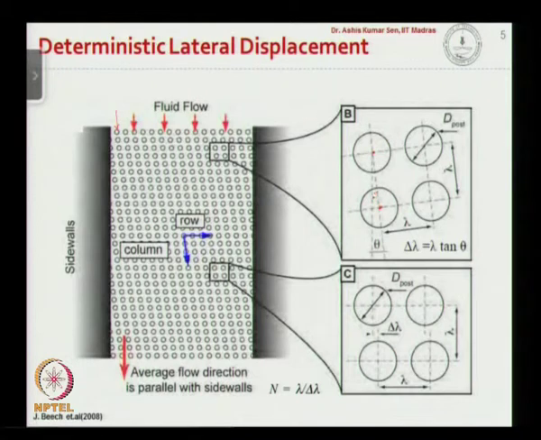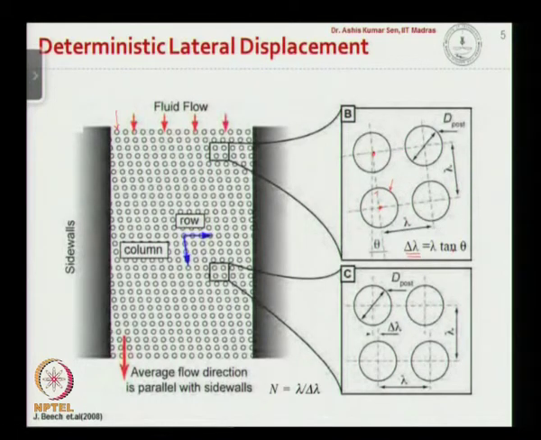So in the second row the corresponding post is displaced by delta lambda, so it creates an angle theta at the center of the first post, okay. So delta lambda is going to be lambda into tan theta, where lambda is the separation distance between the rows and columns.